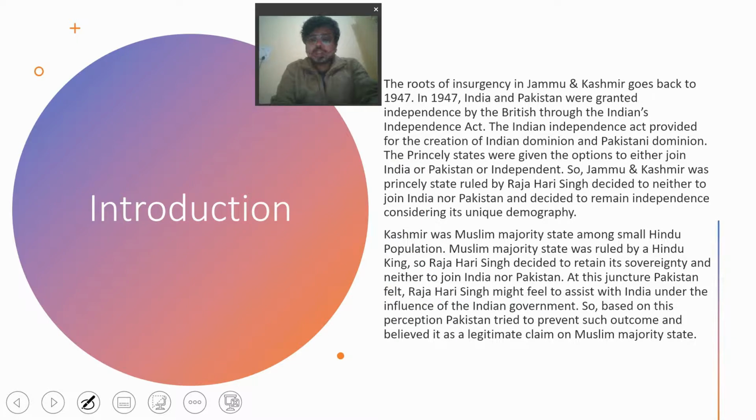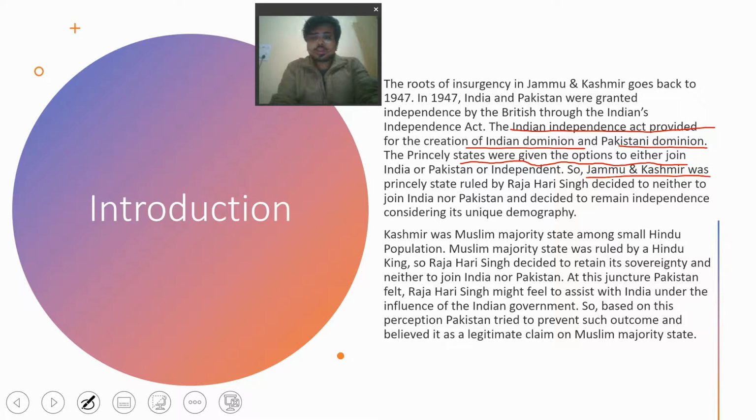The Indian Independence Act provided for the creation of the Indian Dominion and the Pakistan Dominion, and the princely states had an option: they could join India, join Pakistan, or remain independent. In that scenario Jammu and Kashmir chose to be independent.